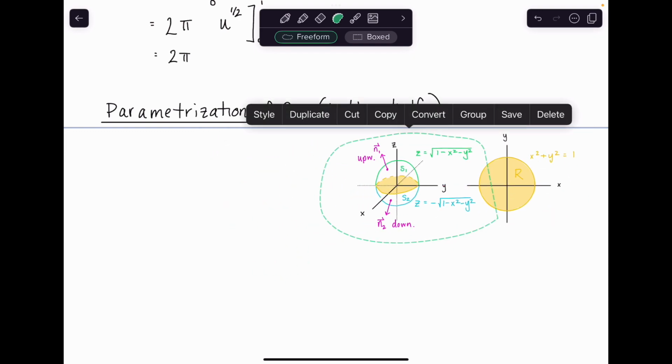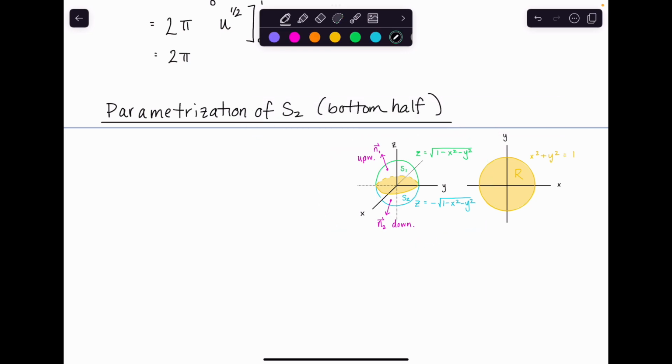So if I want to go through this parameterization, again, I'm going to use the same kind of vector function. We can use x and y. As you can see, it turned out really nicely for this last problem instead of using trig functions. In this case, our x and y are exactly what we want, and the z component is the negative square root. We then also need to find those partial derivatives, and then we need to find the cross product.